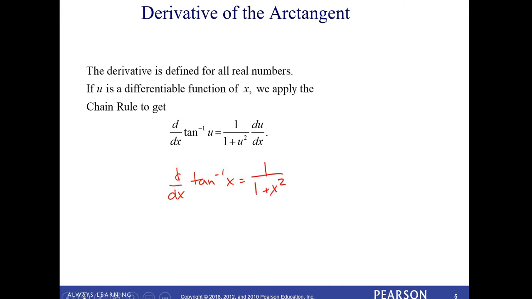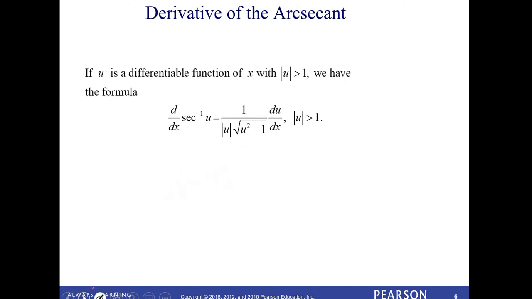Another one to memorize. And the other one you'll want to memorize is secant inverse. This one's a little bit more complicated, but again, if we just have our simple x, this would be 1 over the absolute value of x times the square root of x squared minus 1. And you notice that this is the opposite, x squared minus 1, of our sine, which was 1 minus x squared.